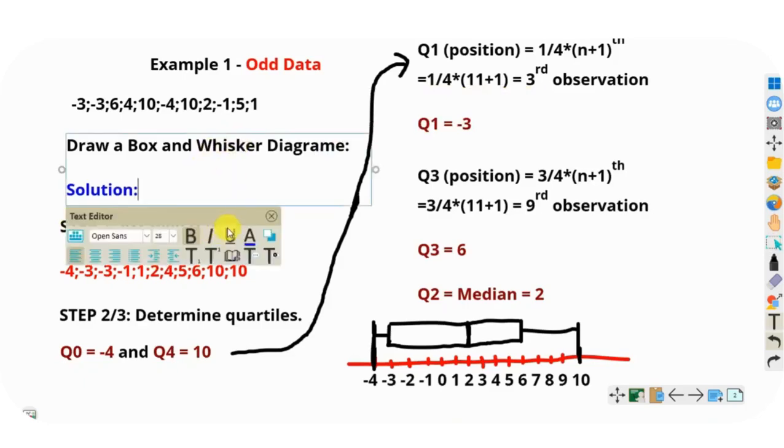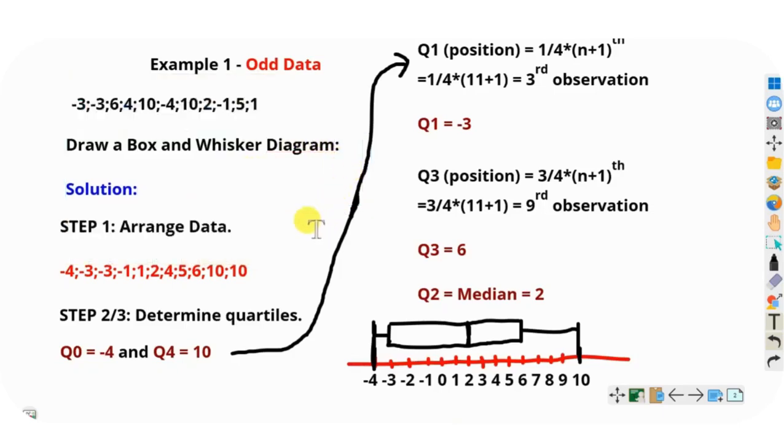Step one is to arrange the data from smallest to largest: -4, -3, -3, -1, 1, 2, 4, 5, 6, 10, and 10 again. The lowest value is -4, the maximum value is +10.